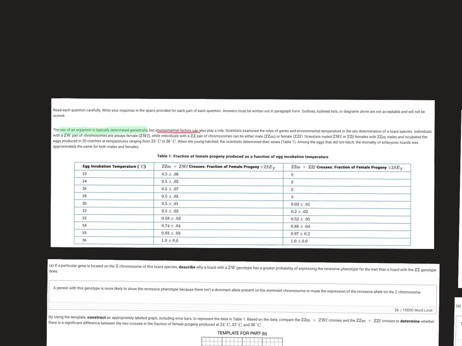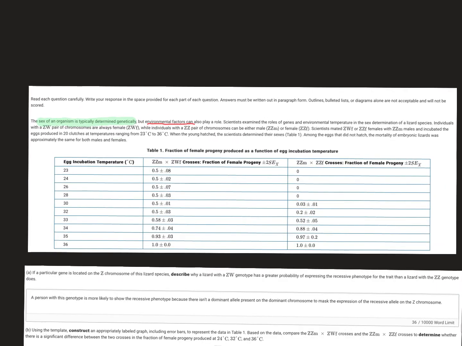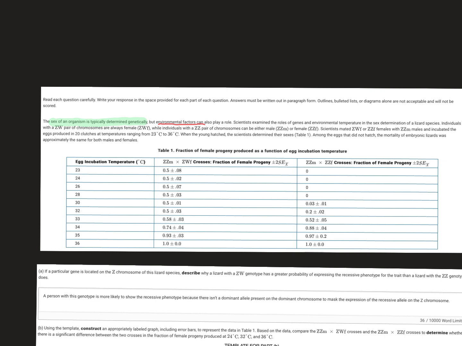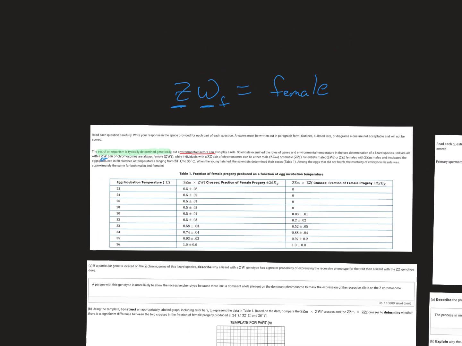So they looked at genes and environmental impact and sex determination in individuals with a ZW pair of chromosomes, one Z and one W, which were always female. So ZW, they put F for female. Individuals with ZZ were either male or female.